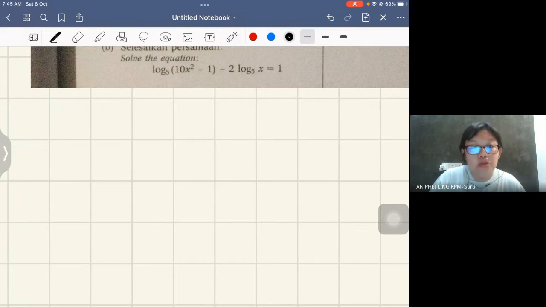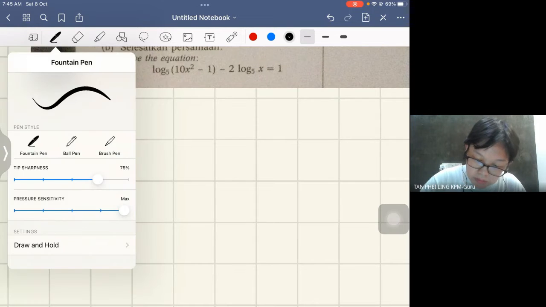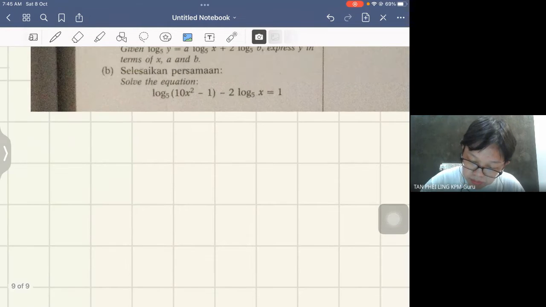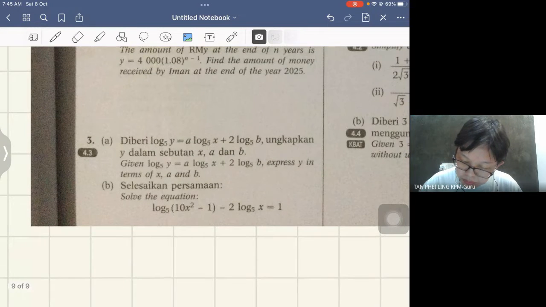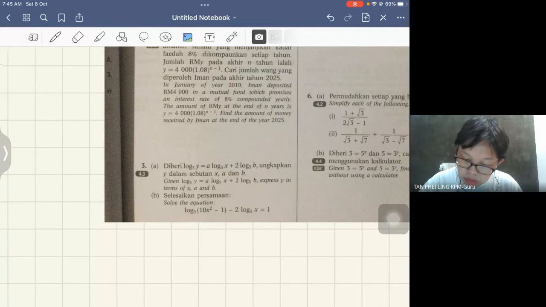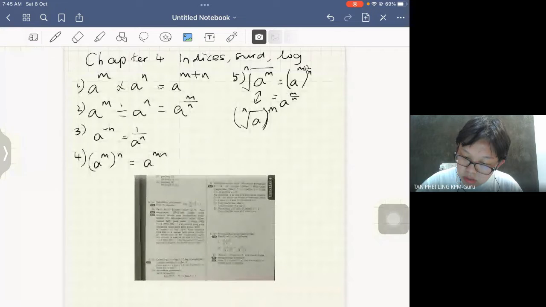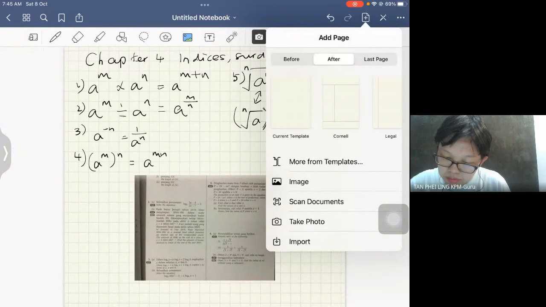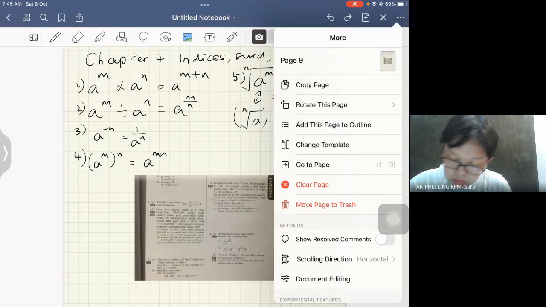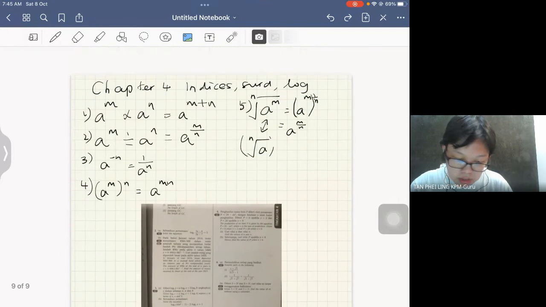All right, so when you first have, is it this one? This is already paper 2. Let me go to page number 9.